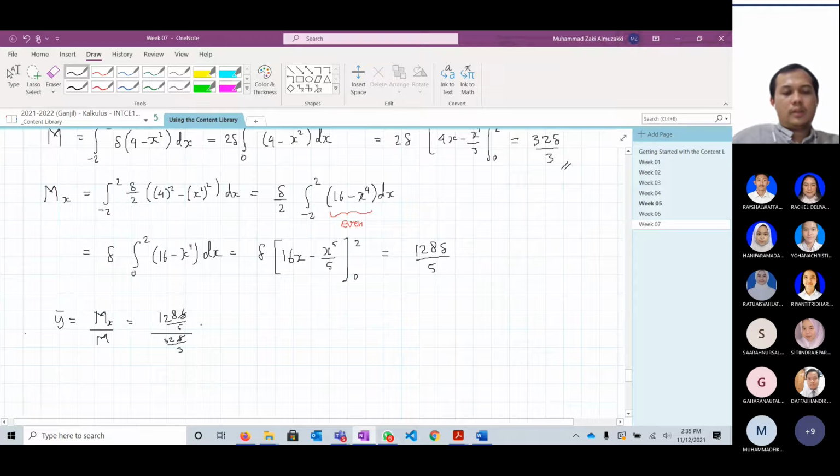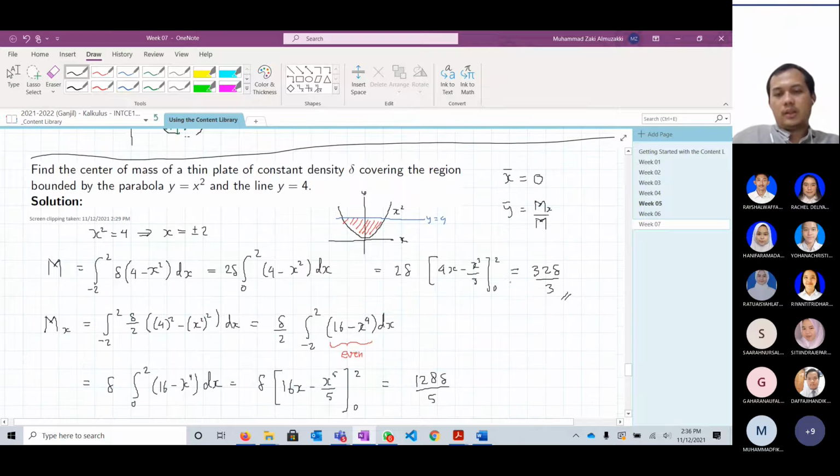We can write it like this: 128 delta over 5 multiplied by 3 over 32 delta. Yeah, we can cancel delta, and 128 divided by 32 is 4. So this is basically 12 over 5.